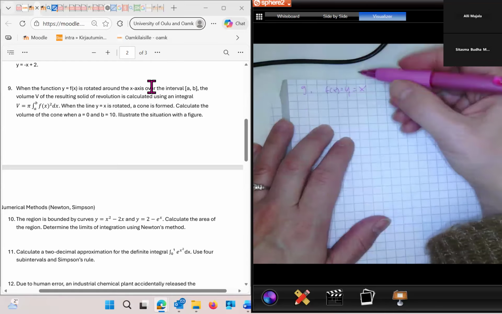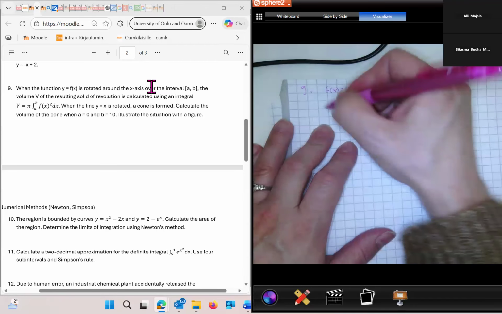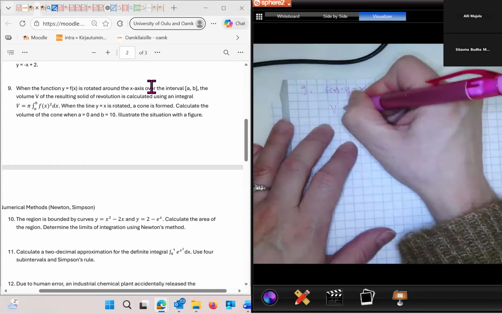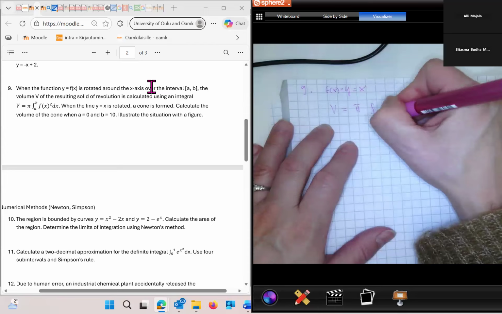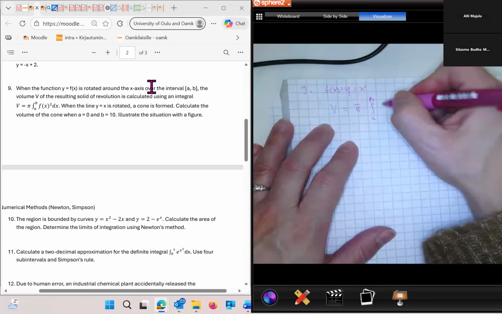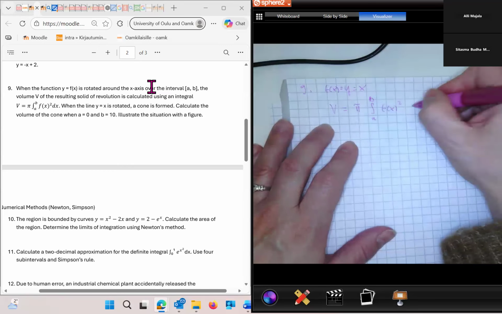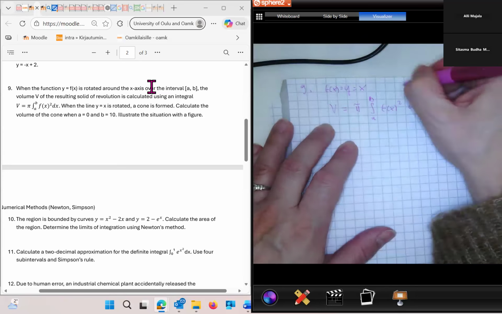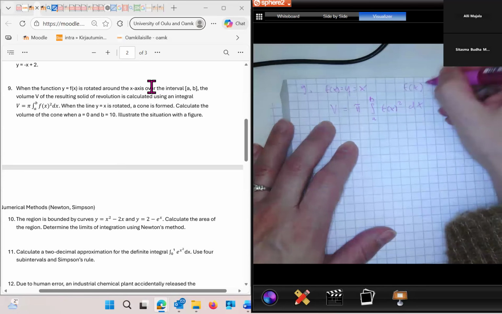And I want to calculate a volume for my rotation, and it's being calculated with this kind of a formula. In the power of 2. So I have to put this in the power of 2. My f(x) is x, so my f(x) in the power of 2 is x in the power of 2.